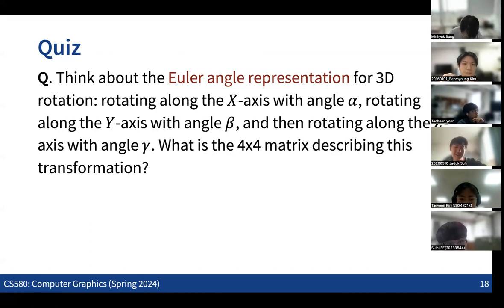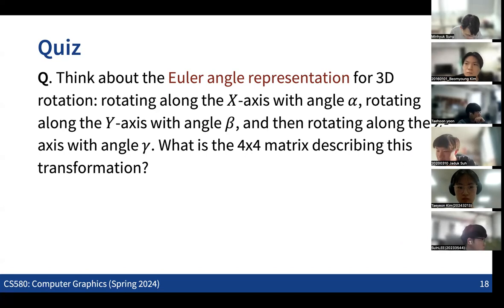The first rotation is rotating along the x-axis with the angle alpha, and then we are rotating along the y-axis with the angle beta, and then we are also applying the rotation along the z-axis with the angle gamma. So when you have this sequence of 3D rotations, rotating along the x-axis and then y-axis and then z-axis, how can this rotation be represented with the 4 by 4 matrix? Let's think about this.